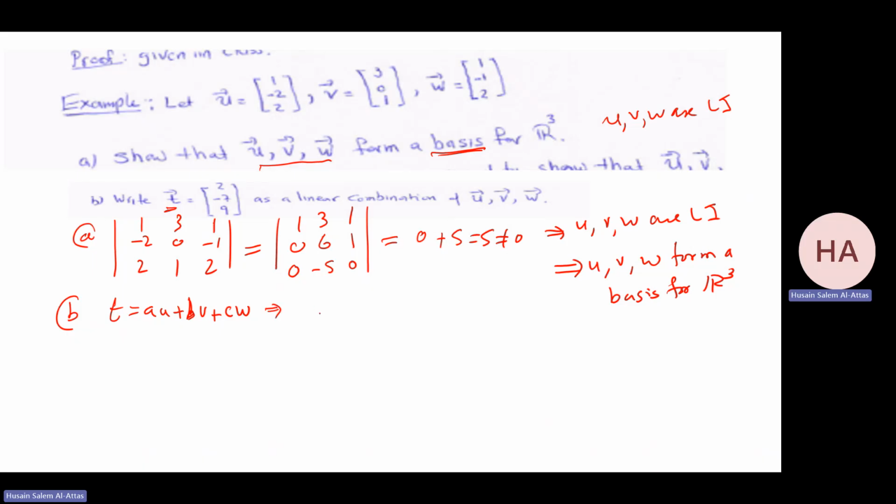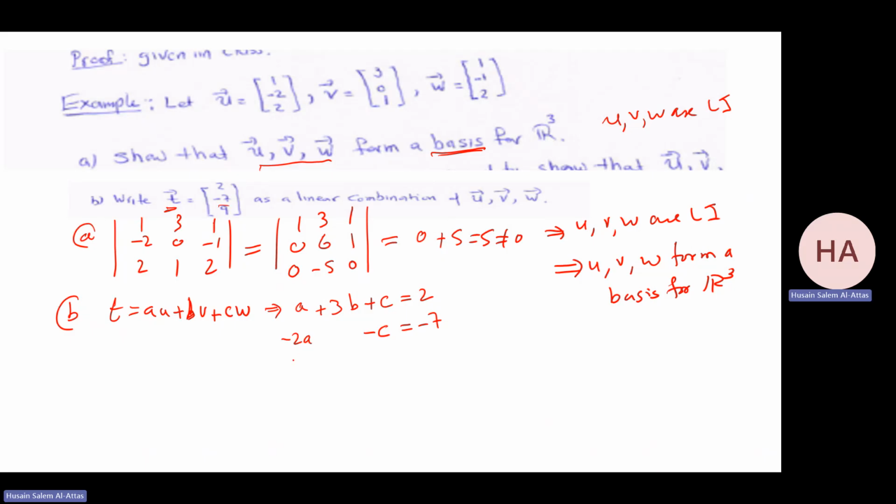Let me do it quickly. I have A times U. So I have A, the first element, plus 3B plus C, the first component, I mean, equals the first component 2. I have minus 2A, no, minus C, is equal to minus 7, the second component of T.